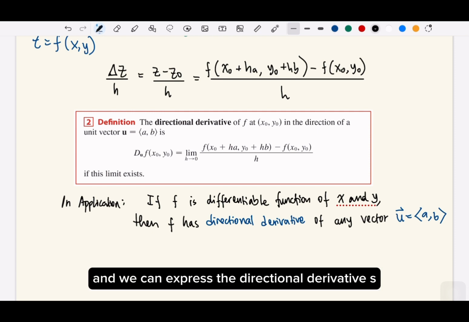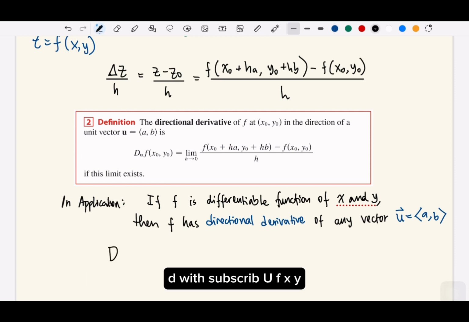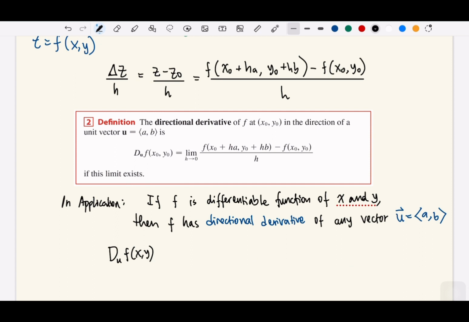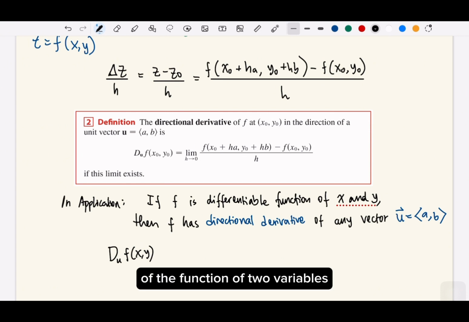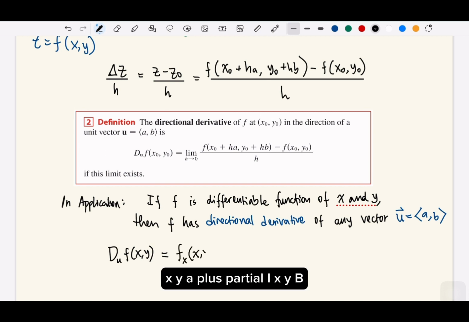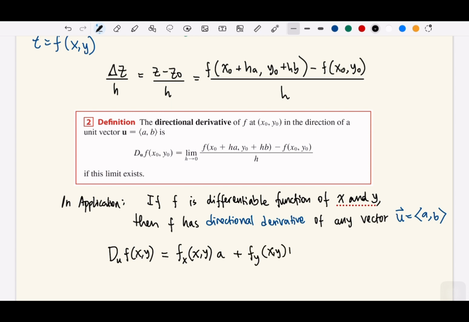And we can express the directional derivative as D with subscript u of f(x, y). So this means the directional derivative of vector u of the function of two variables equals partial x f(x, y) times a plus partial y f(x, y) times b.